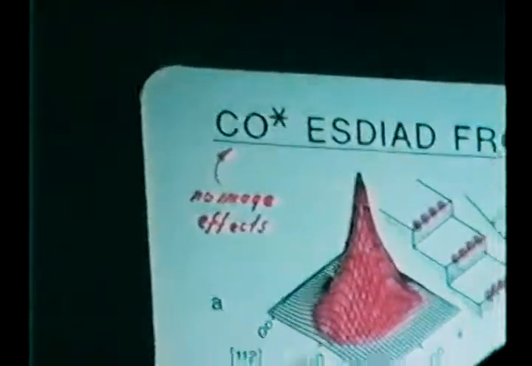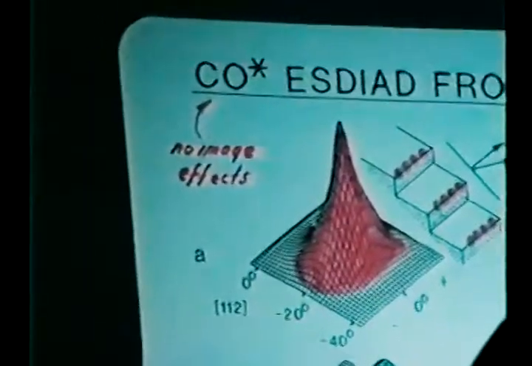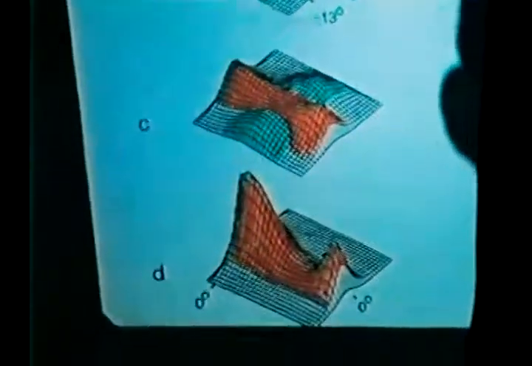That's almost 40 degrees down from the 111 planes that compose the terraces of the crystal. So the molecules are definitely leaning downstairs towards you on this crystal and are being excited. The metal carbon bond is being broken, and CO star is coming off along the direction of that metal carbon bond. 40 degrees down from the 111 planes and 20 degrees down from the macroscopic crystal plane.